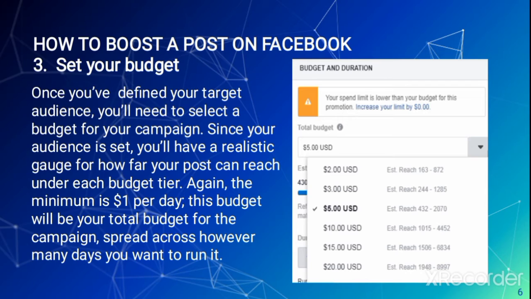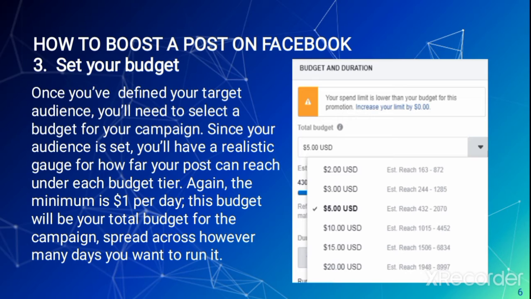Since your audience is set, you have a realistic gauge for how far your post can reach under each budget tier. Now again, the minimum is $1, which might be in naira, 450, 500 per day in naira.